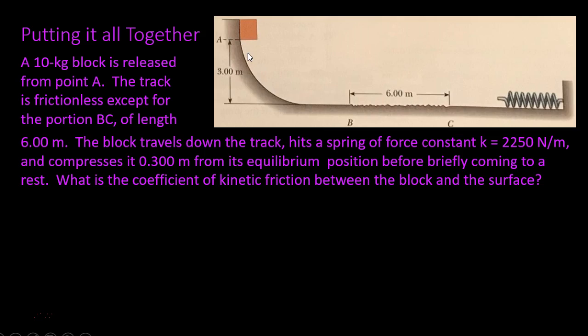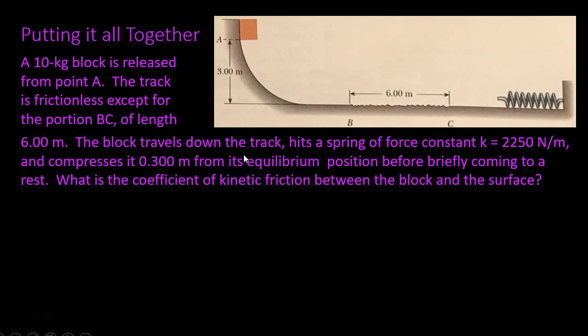It's going to slide down this surface, and this surface is frictionless except for this 6-meter patch between B and C. Then as it gains speed, comes down this surface, it's going to slow down a little bit because of friction, but it's going to hit this spring with velocity, and as it slows down and briefly comes to a rest, at the point it's briefly at a rest, this spring is compressed 0.3 of a meter, and lastly the spring constant is 2,250 newtons per meter.